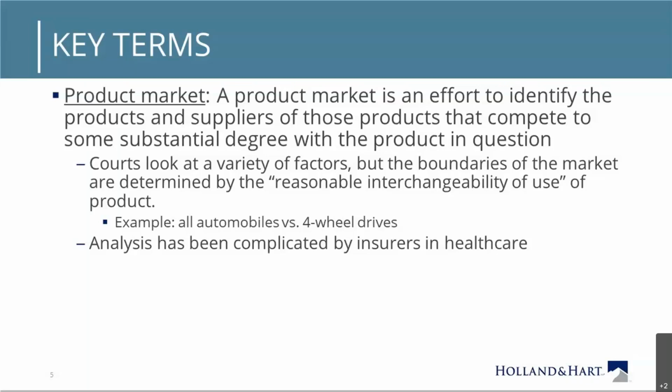If I'm concerned about a commute from my home to my office, then probably the market that we're looking at is all automobiles versus a marketplace of four-wheel drive vehicles. If we're looking at a market of off-road vehicles, then we're probably going to be more limited than all automobiles. And so it's very context-driven as to whether products are interchangeable, and it varies from case to case.